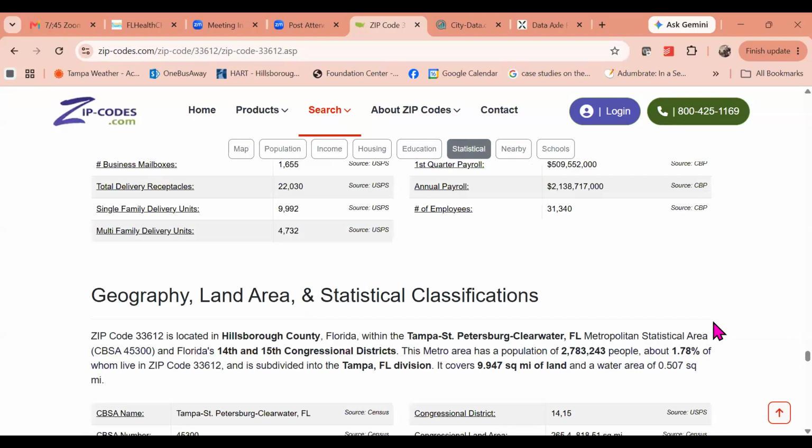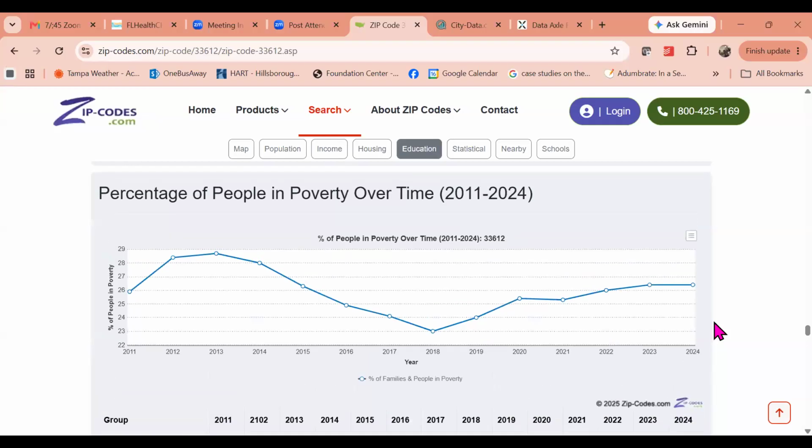So I'm going to stop here tonight. I'm going to send you to other sites, and part of your home assignment is going to be putting in the information and telling me what your neighborhood looks like.